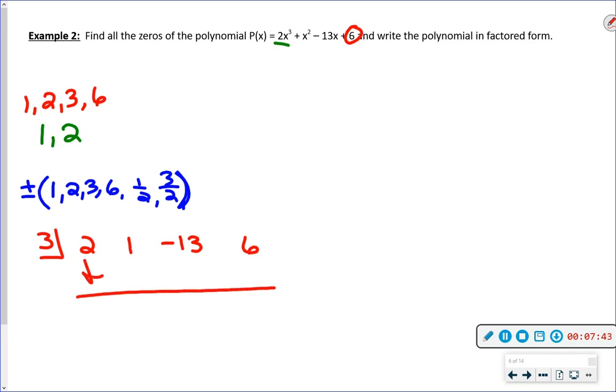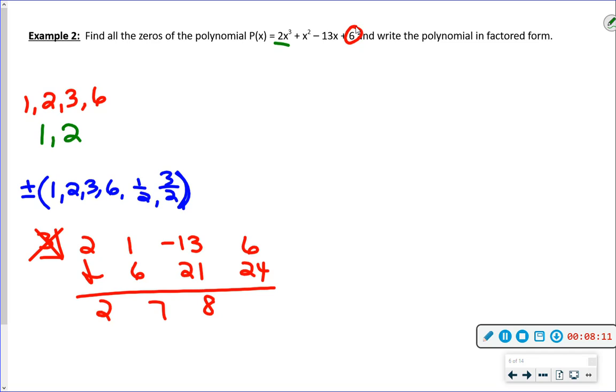Now I have the power of the smart board, so if I run out of room, I can always erase. Okay. All right, 3 times 2. I'm going to add these. 3 times 7. What's negative 13 plus 21? Oh, man. Is it going to work? No, because we're going to have 24. Our remainder is 30. Thank you, Owen. So, no dice on 3.